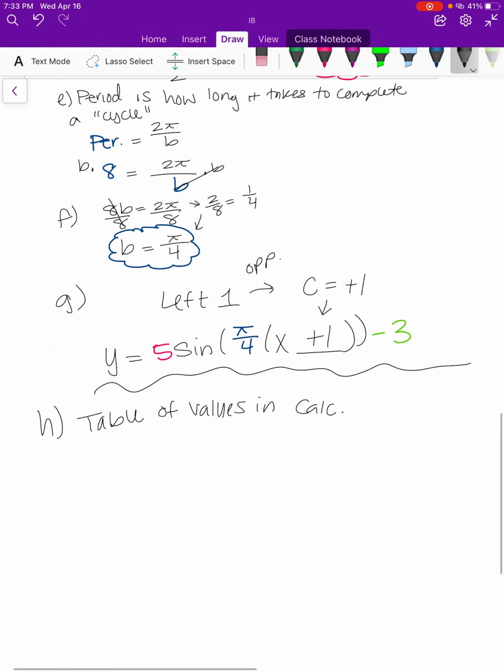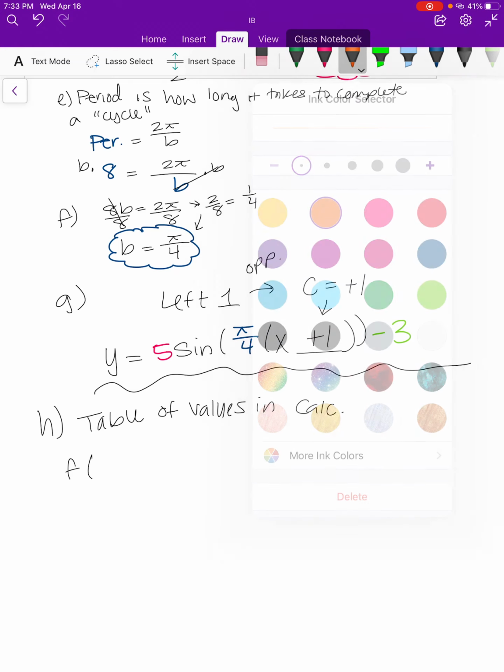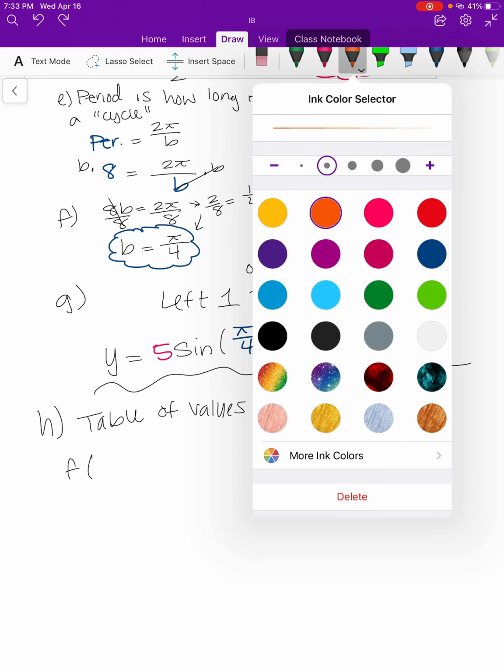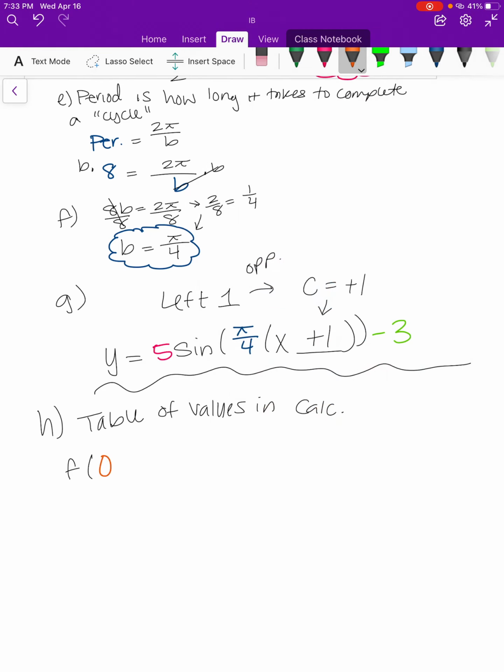Now, algebraically, you could say, well, if they want f of 0, then all we're going to do is we're going to take our function and then replace x with 0.